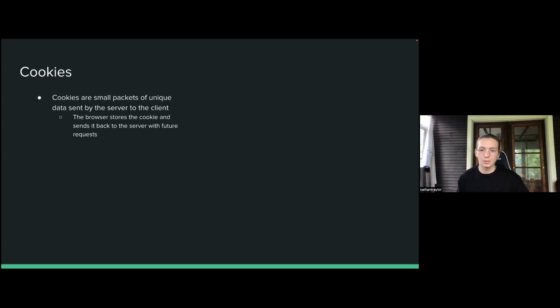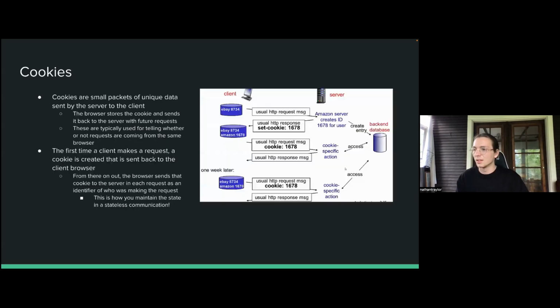So it's kind of a unique identifier to let the server know that you've been there before and you're a repeat visitor, and it can retrieve any unique information about you specifically. These are typically used for telling whether or not requests are coming from the same browser, like I said.